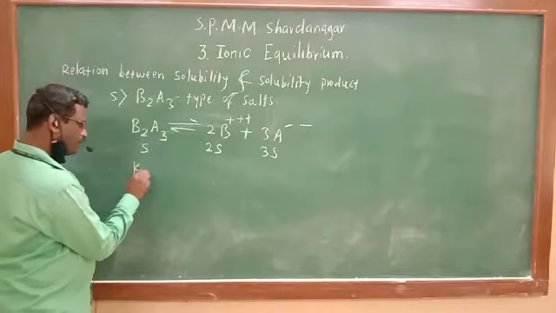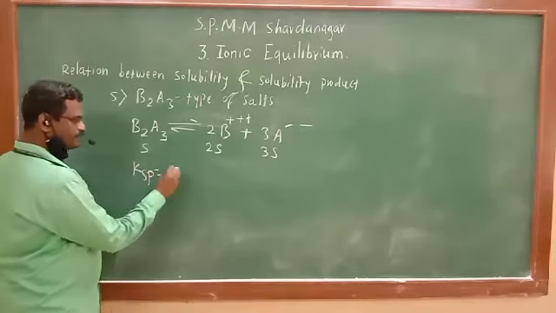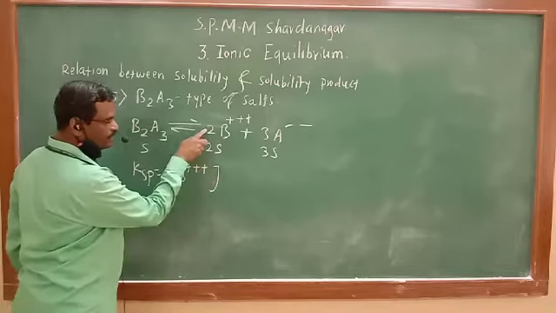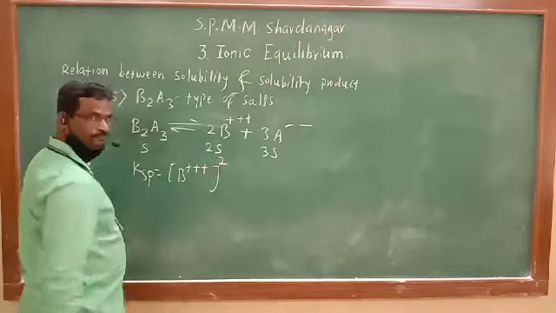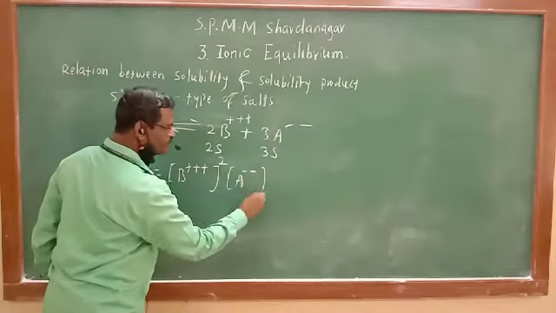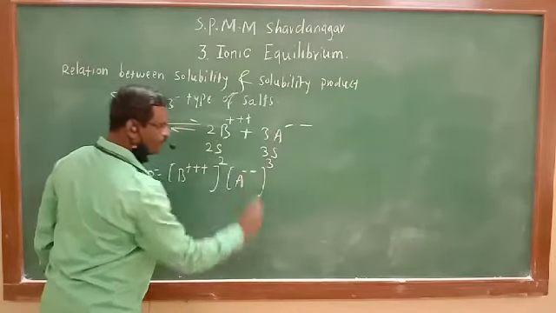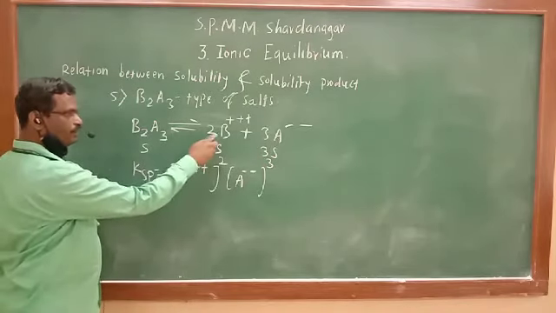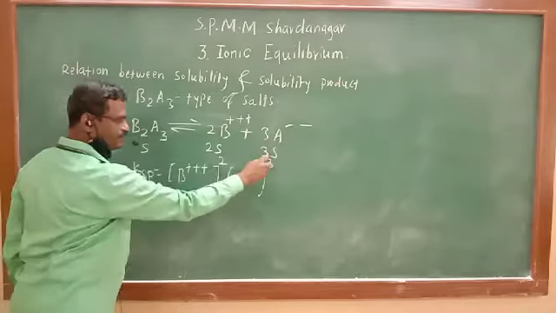Write the equation for solubility product constant: Ksp is equal to B plus plus, these two become the power exponent, then A minus minus, these 3 become the power. Substitute the values: B plus is 2s, A minus is 3s.